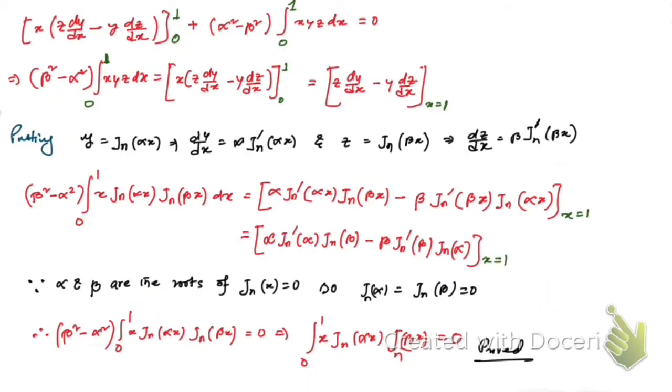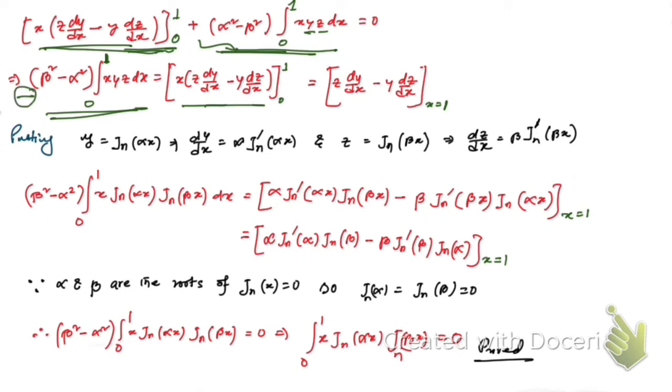Here you see, before we put y and z here, let me rearrange this. We have separated these two parts and written them on different sides of the equal sign. This one is written on the left side, this one on the right side, and this minus is taken common, right?